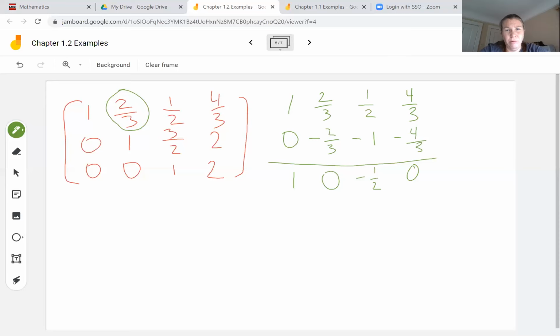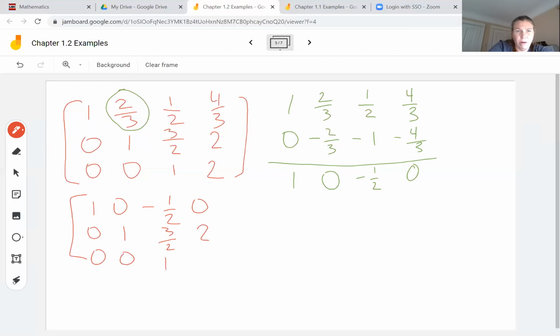Okay, so my new row 1 is looking a little bit better here. So the new row 1 is now 1, 0, negative 1/2, 0. My row 2 is still the same. And my row 3 is now 0, 0, 1, and 2.